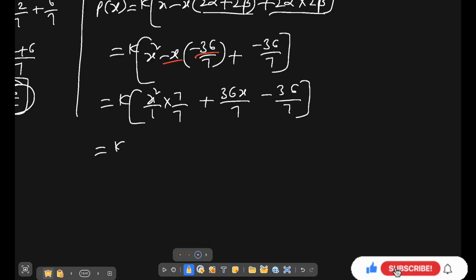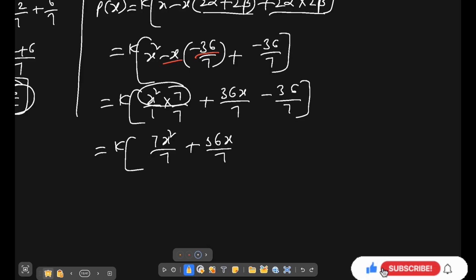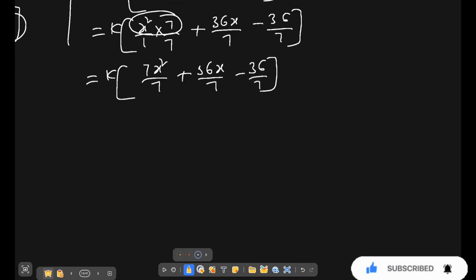Now k of x square into 7, 7x square by 7. Now this is 36x by 7. Now this is 36 by 7. Now denominators are equal, right? You can add the numerators directly. So you can write k of 7x square plus 36x minus 36 whole by 7.